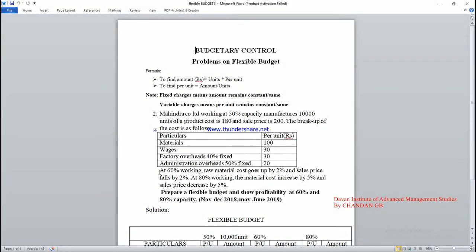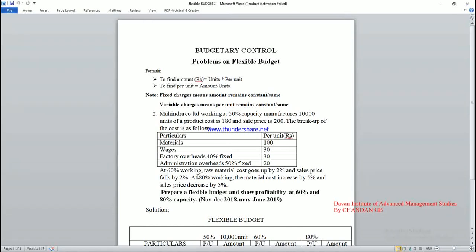Then adjustments at 60% working: if the data is given at 50% and the question asks for 60% working, the raw material cost goes up by 2%. It is going to increase by 2% at 60% working capacity, and the sales price falls by 2%, that is, decreases by 2%.